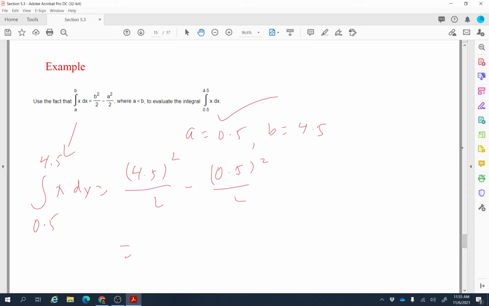So 4.5 whole square, you can use calculator, and 4.5 minus 0.5 is 4, and then times 5 over 2, which is 10. So just use a calculator: 4.5 whole square divided by 2, minus 0.5 whole square divided by 2. Eventually it will give you 20 over 2, which is 10.